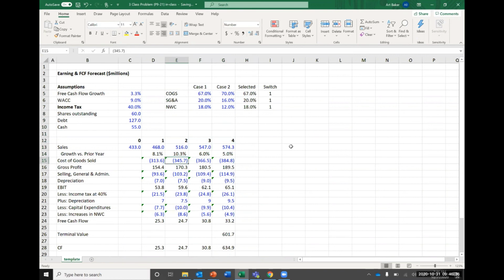But now they told us they assumed 67% for cost of goods sold. So I'm in cost of goods sold, line 15. Let's see if that's what they really assumed. So I'll multiply sales by, and now see how I will link it to my selected case. Okay, so I'm linking sales multiplied by H5.